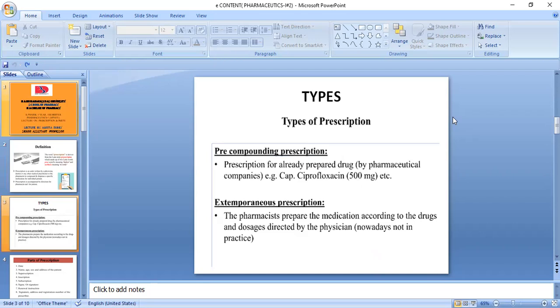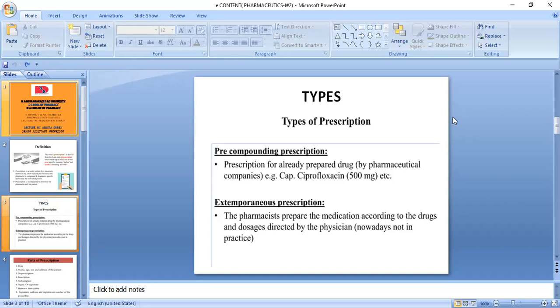Coming to the types of prescription. The first one is the pre-compounded prescription, a prescription for already prepared drugs. These days most of the drugs are pre-prepared. When we show a prescription by a prescriber to any pharmacist, in most cases we take tablets, capsules, syrup, or injections that are pre-compounded.